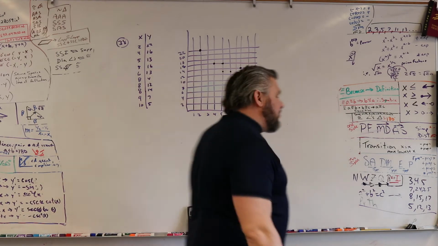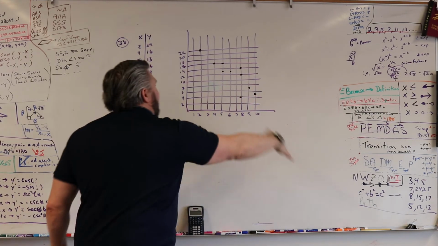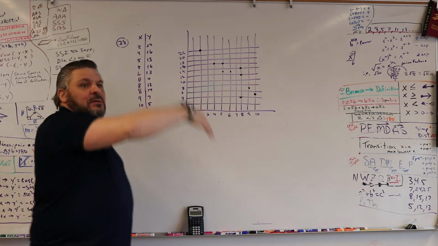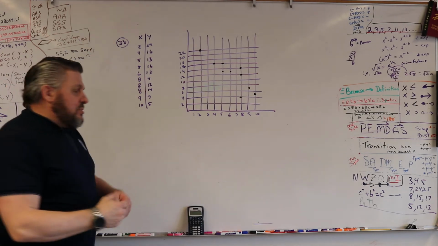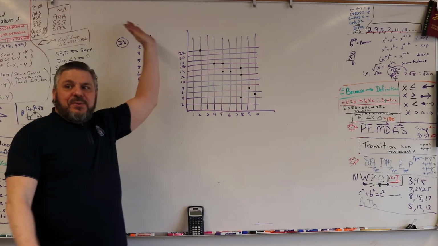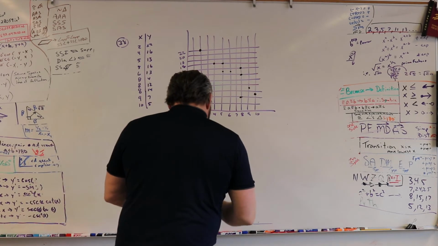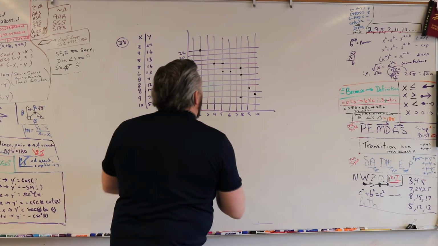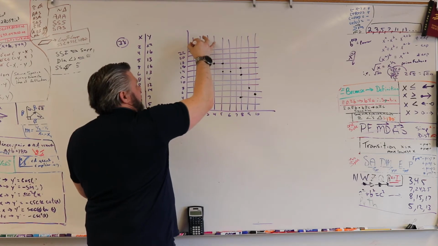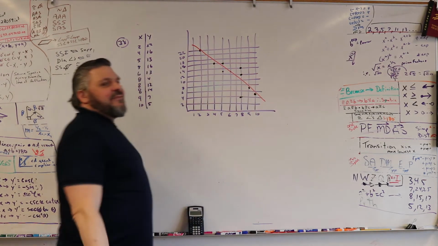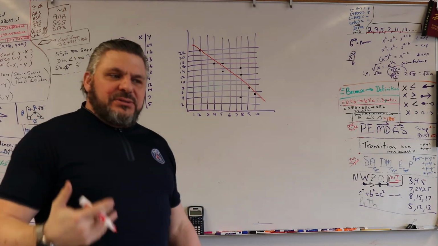So what's going on here? Does this have a linear correlation? Does it look pretty much like it's lined up? Yes. So it looks like there's a line. In fact, if I wanted to, I could draw a line that would cut this in half. This is where we want to get to eventually.